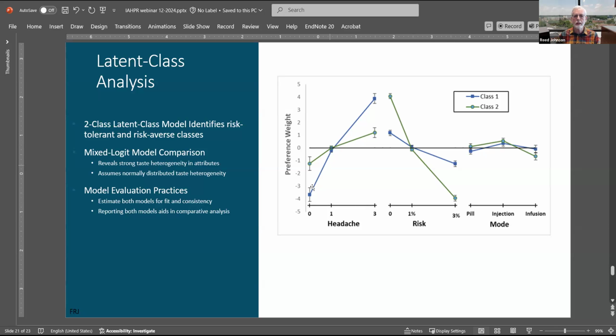And similarly, it works the opposite way. Class 1 really cares about efficacy, not so much about efficacy for class 2. They're more worried about the risk. There's not much difference here in mode of administration, but there are clear differences here in people's risk tolerance.